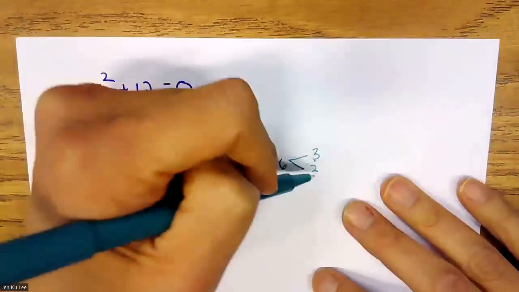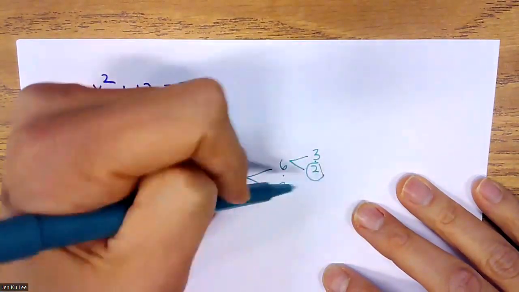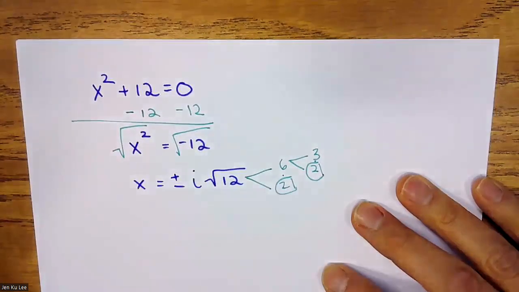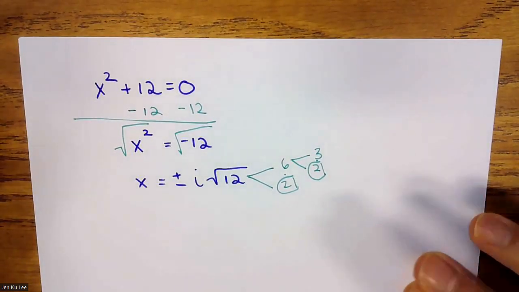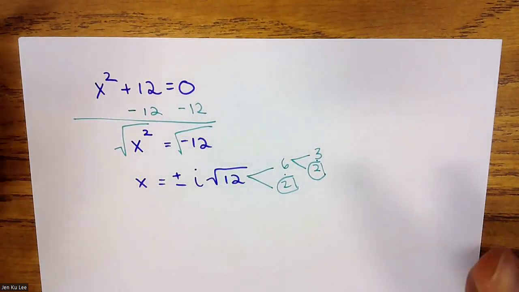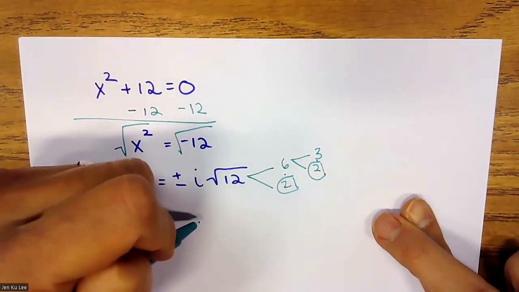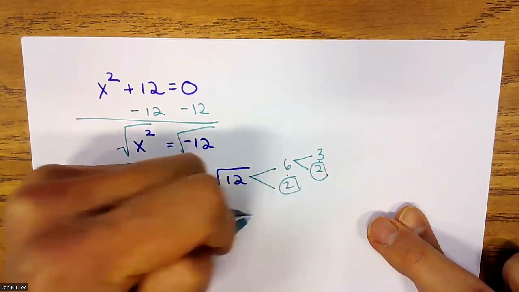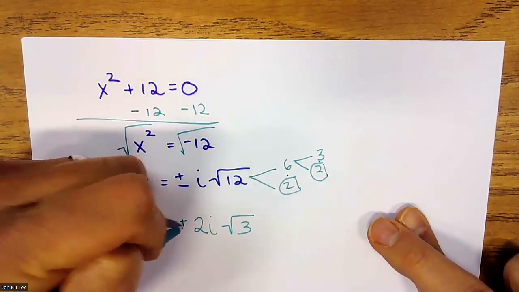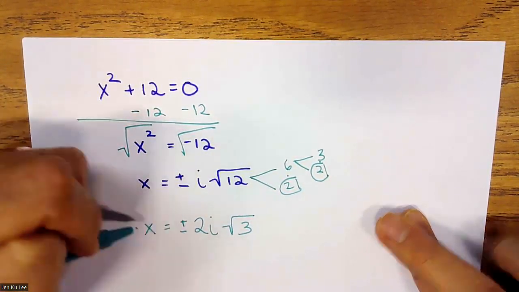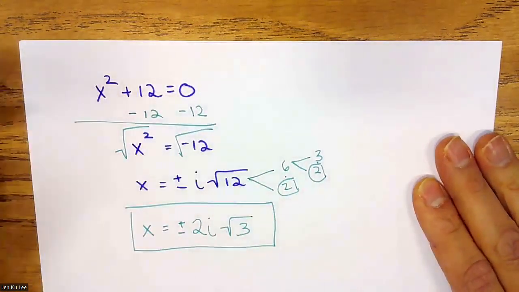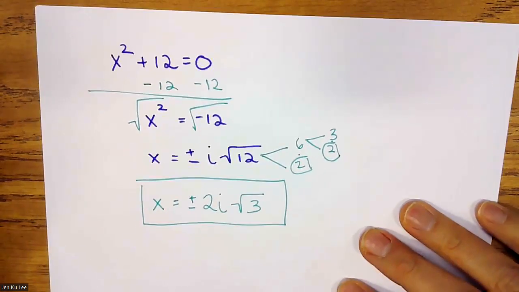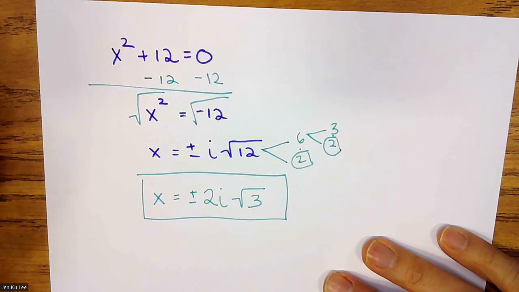Now that I see two 2's, I see a pair of 2's. So they come together and come out of my square root. So it's 2i square root of 3, plus or minus, equals x. That's my answer.